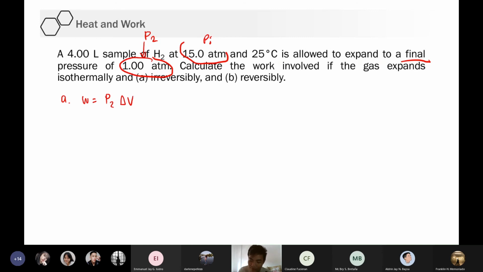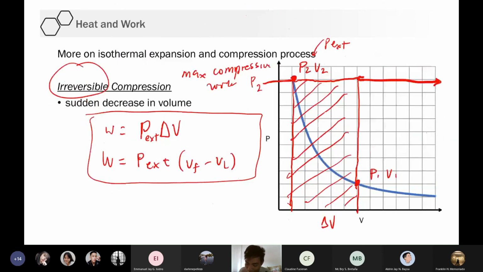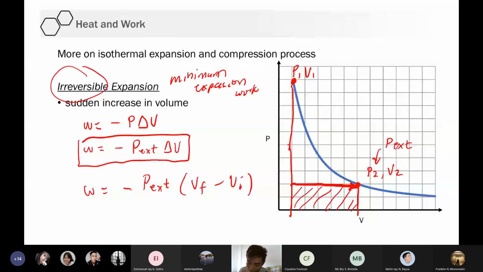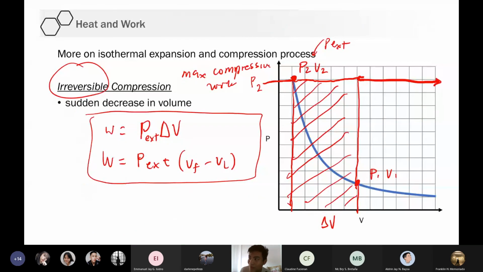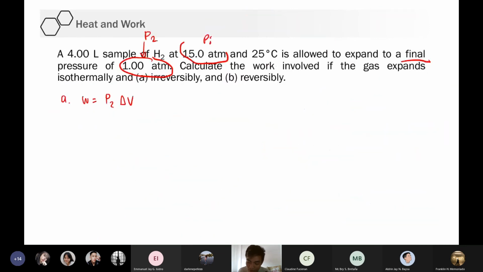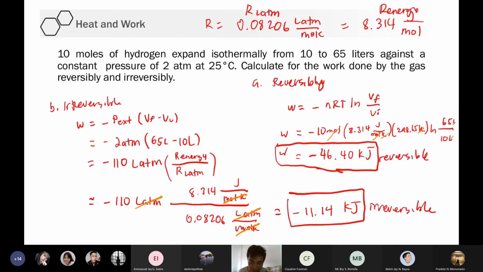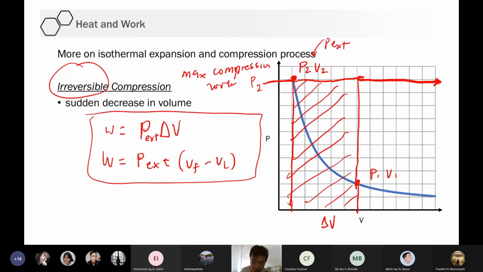Kaya nga sabi ko dun sa graph, di ba? O, balikan natin yung graph. Yung pressure to, yun yung always yung external pressure, yung final pressure. So, yung P2 ang gagamitin parati. Again, P2 ang gagamitin parati.